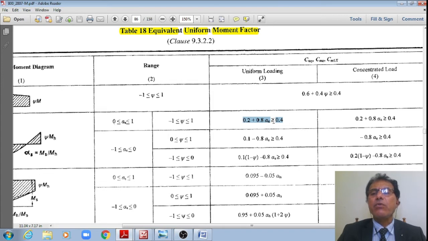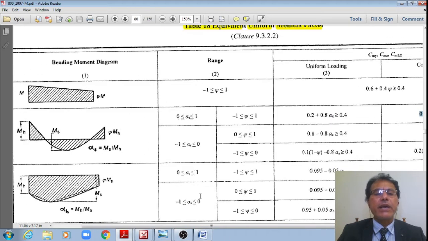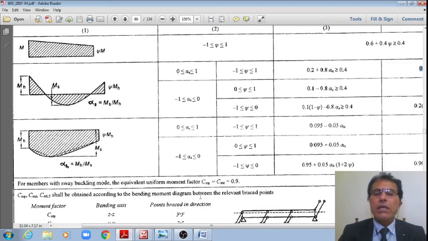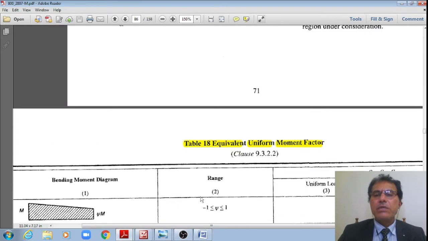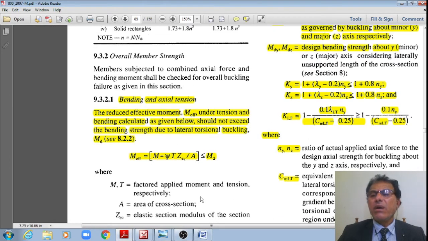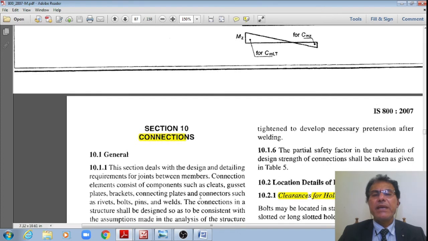However, it should be greater than or equal to 0.4. Likewise, you will see for concentrated loads and other loading conditions also. I will not go through the other conditions right now. That is how Table 18 is.